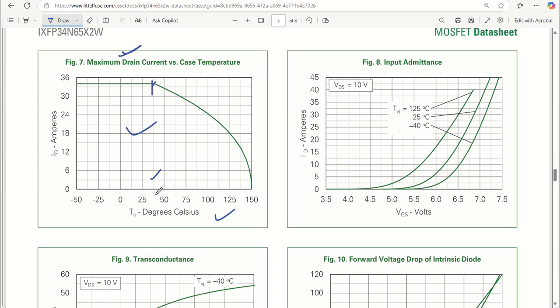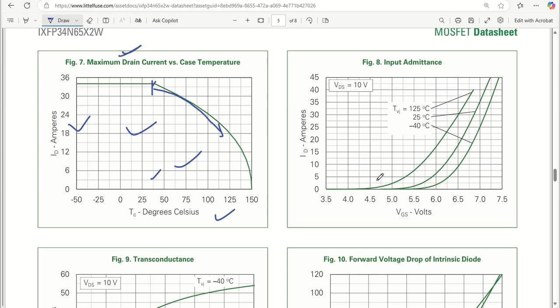But as soon as it goes above 35 degrees centigrade, as the temperature is increasing, my current capability is reducing. So you must make sure of this curve in action. If your temperature is going to increase more than that, your current capability will reduce, so you must make sure your application is going to suit that.